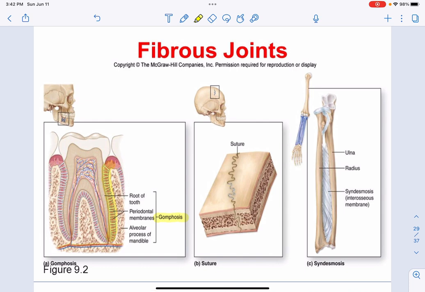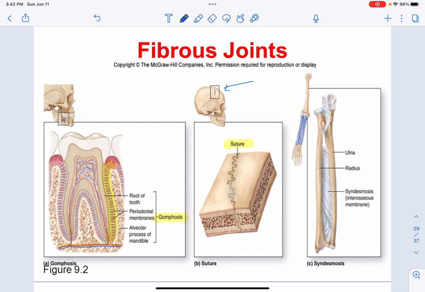That is a gomphosis joint. It is a fibrous joint. The second one is sutures. You will see suture lines between the flat bones of the skull. That is another example of a fibrous joint. There is dense, regular connective tissue there.